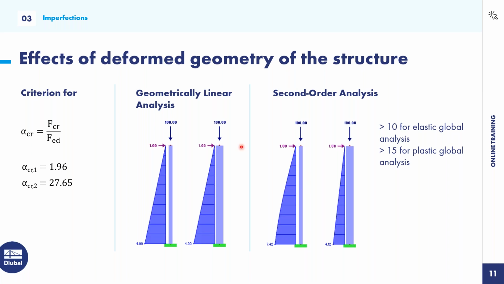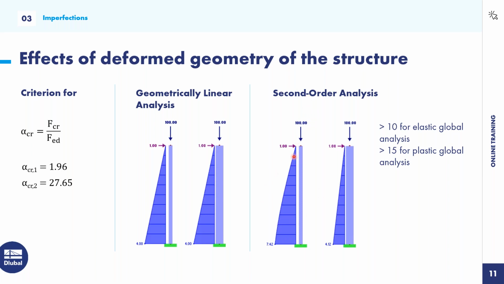So, and then we have also the critical load factors. When you have a critical load factor bigger than 10, you don't need to consider second order analysis effects. But when it's between 1 and 10, you have to consider these effects, and then you have to calculate according to the second order analysis.